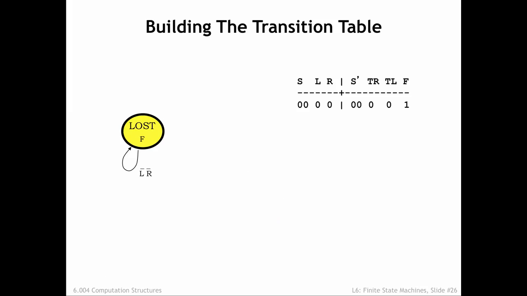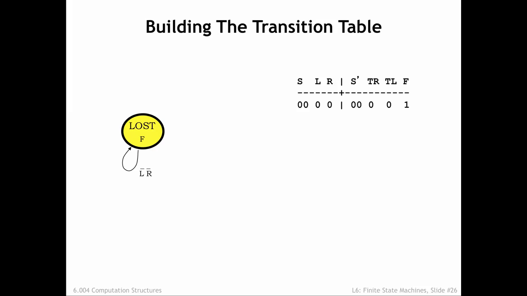Let's look at what we'd need to do if we wanted to implement the FSM using logic gates instead of a ROM for the combinational logic. First, we have to build the truth table, entering all the transitions in the state transition diagram. We'll start with the lost state. So if the FSM is in this state, the F output should be 1. If both antenna inputs are 0, the next state is also lost.